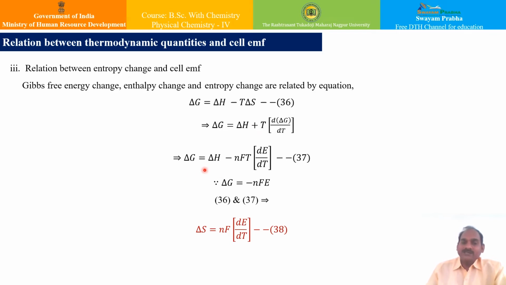Therefore, if I substitute delta G is equal to minus NFE, I can write this expression again as delta G is equal to delta H minus NFT into dE by dT. This is the temperature coefficient.